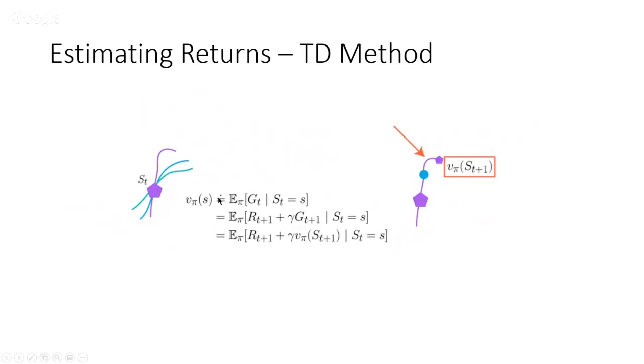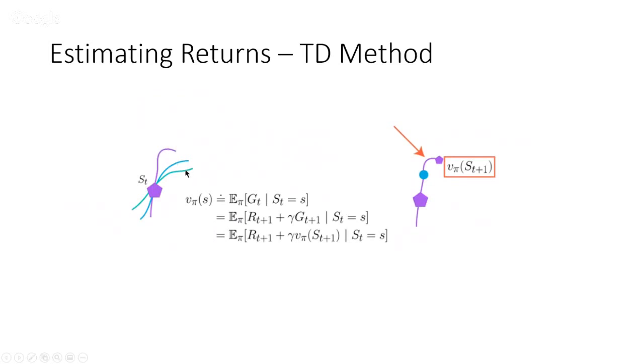So it's going to be the reward for going to that state plus gamma times G_{t+1}. Now G_{t+1}, again, is the sum of all the rewards after that time step until the end. So we are guessing that the sum of all the discounted rewards until the end won't be much different for this episode, won't be much different for the next episode, so they are all close to each other.